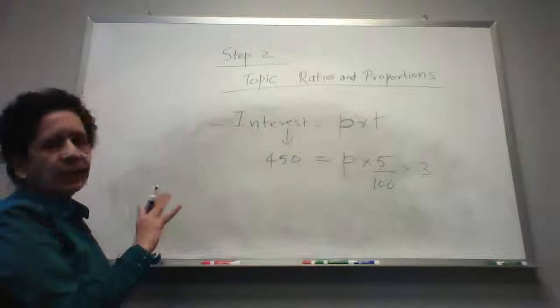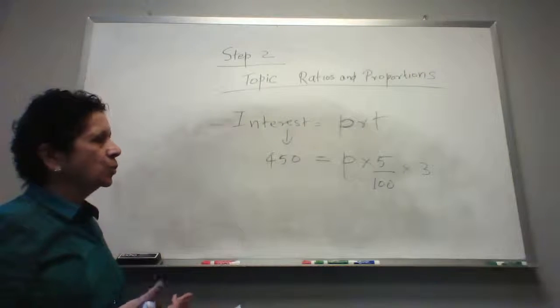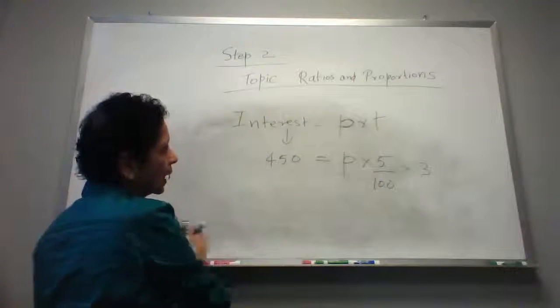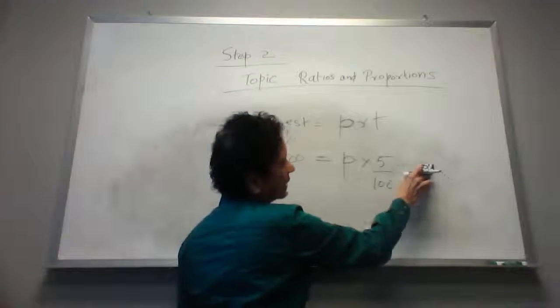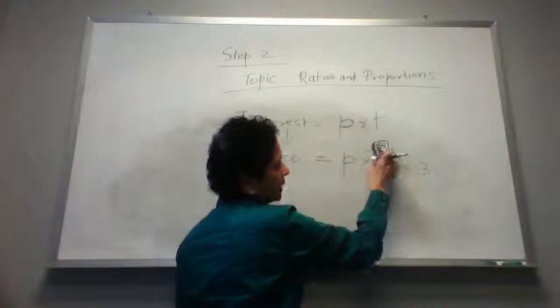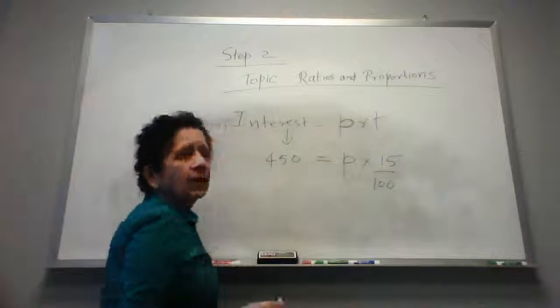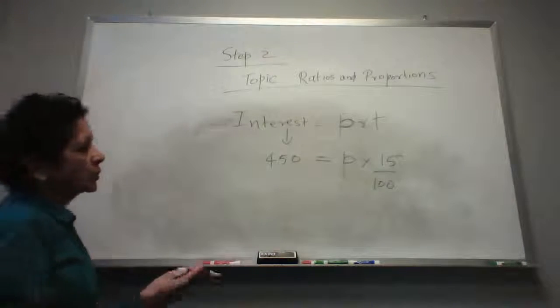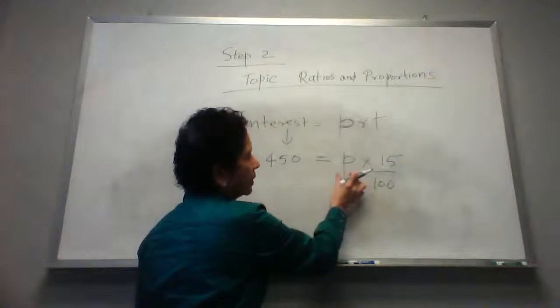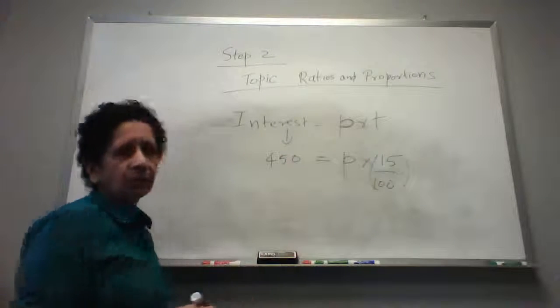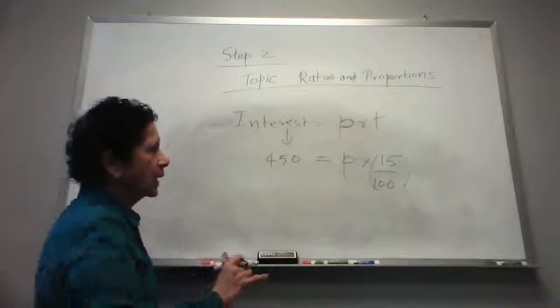So you've got all these things, so you just need to simplify and solve for P. So how do you do that? So in this case, 3 times 5, right? 3 times 5, that's 15, so you can do that, right? So then you just want to solve for P, so you have 15 over 100, you don't like that, you just want the P, right?